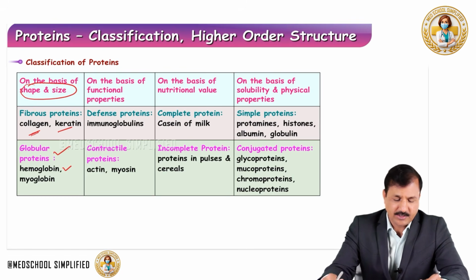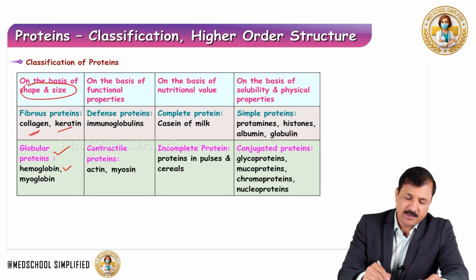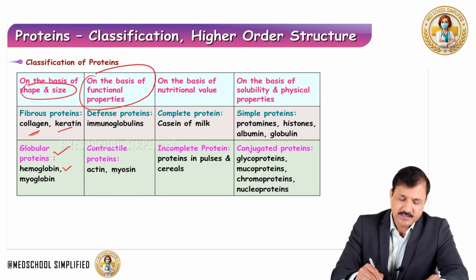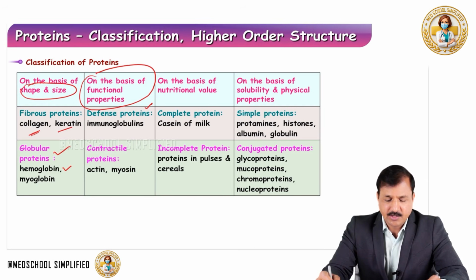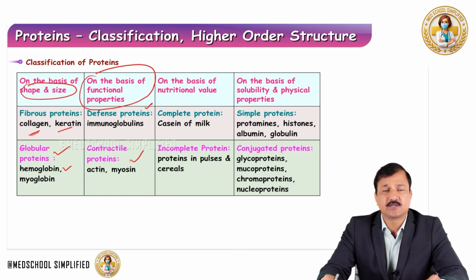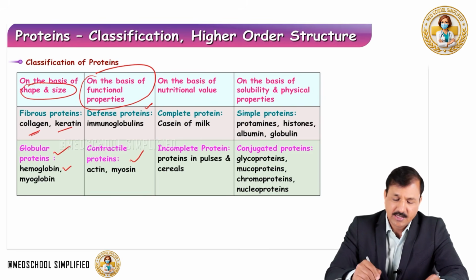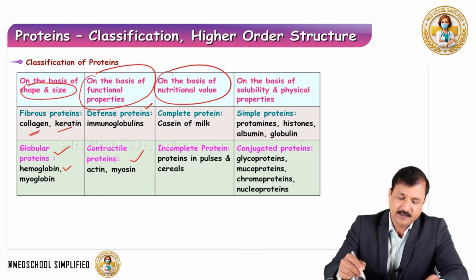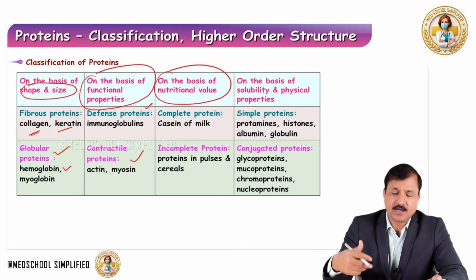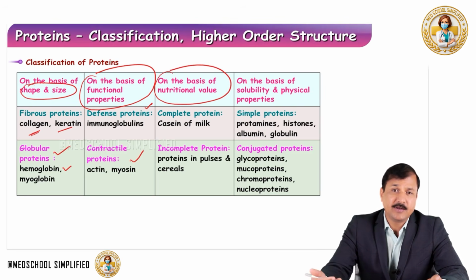Proteins can also be classified based on their functional properties. That can be defense proteins, for example immunoglobulins. Then we have contractile proteins, actin and myosin. Proteins can be classified based on their nutritional value, as complete and incomplete proteins.